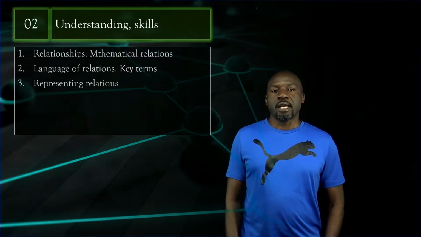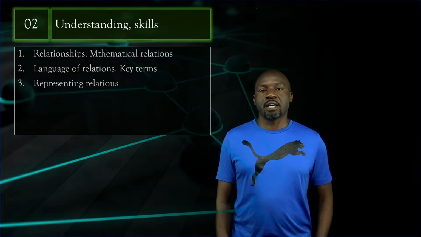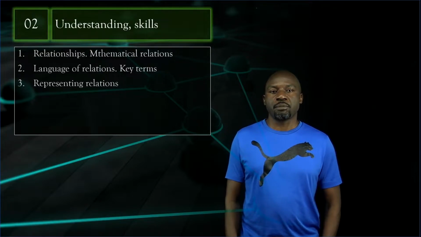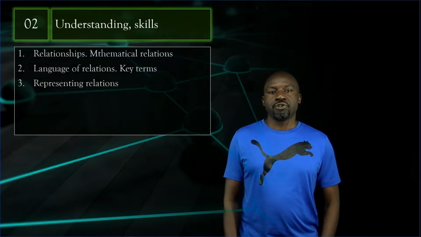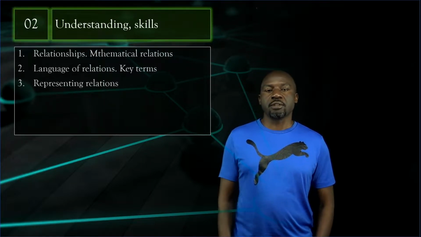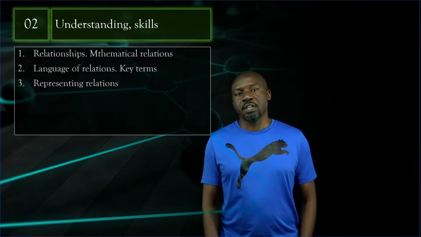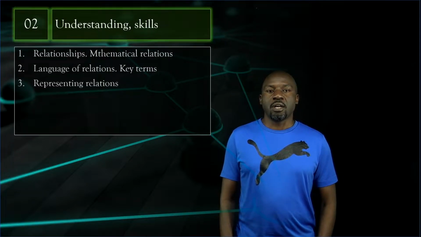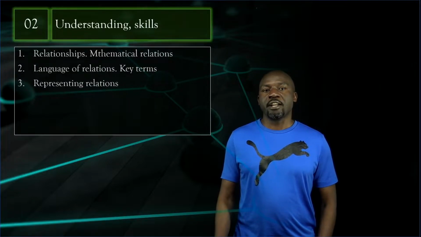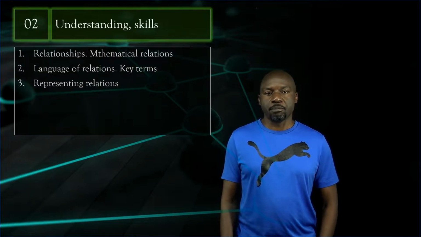Three, we will learn how to represent a relation. There are several ways. I think there are 6 ways of representing a relation, and we want to look at all of them and then be able to change from one form of relation to another. So if you're given one form of presentation of a relation, can we use that to represent the relationship in another completely different form?